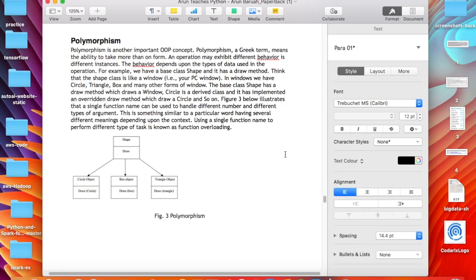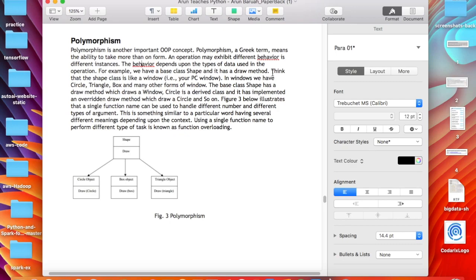For example, we have a base class, shape, and it has a draw method, and that draw method writes: this is the draw method of the base class. Now, a circle is also a shape. When this circle is created, it can inherit its base class member functions.